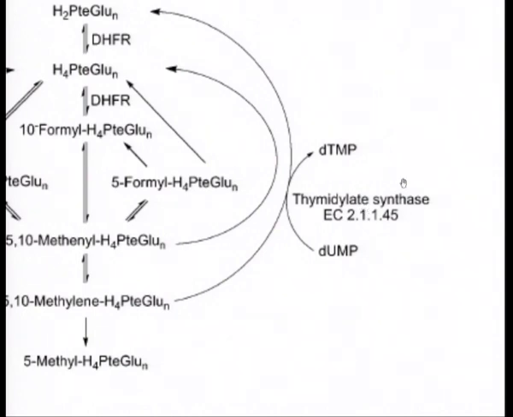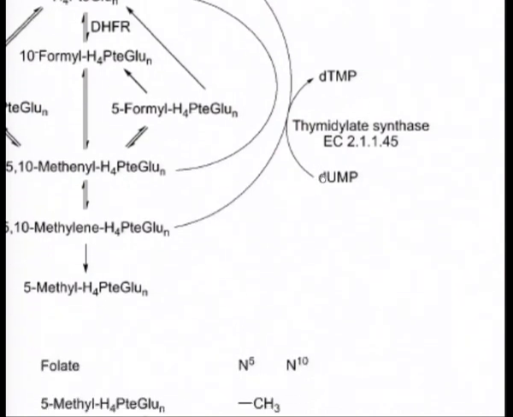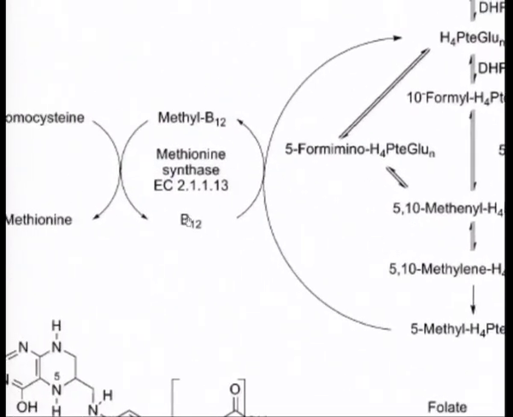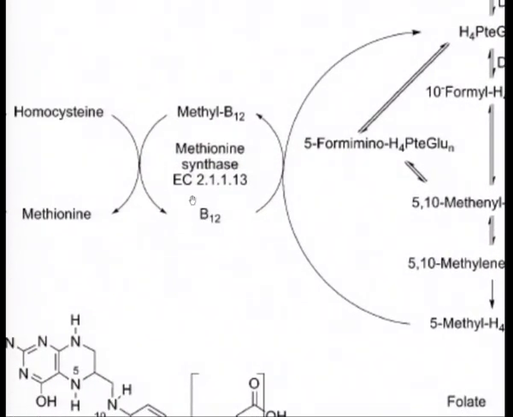thymidylate synthase converts dUMP, deoxyuridylate, to dTMP. Okay, so this conversion is also linked over here, where we have methionine synthase. So from B12 to methyl B12, and this methyl B12 in turn converts homocysteine to methionine. So it's all a kind of a cyclic process.